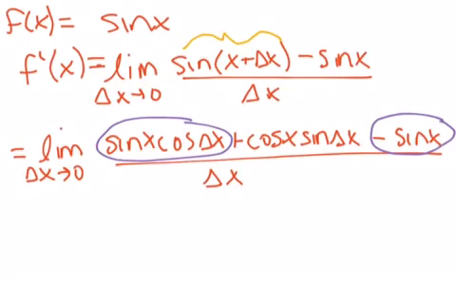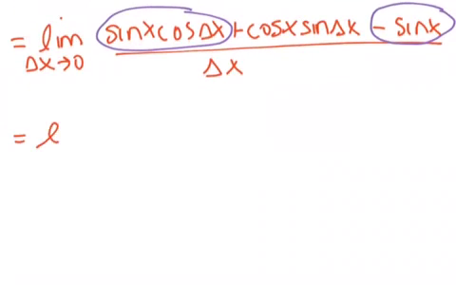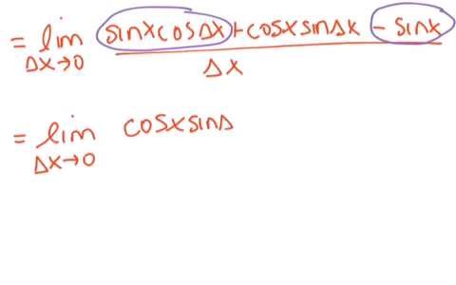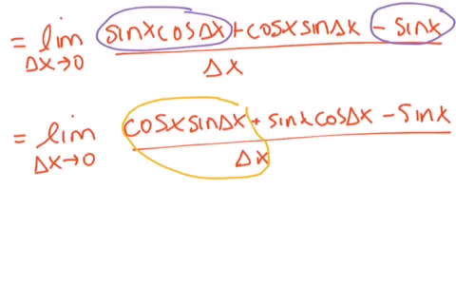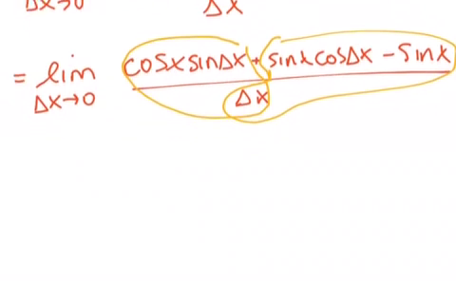So I'm going to kind of reorder the way this is written. I'm going to make this cosine of x sine of delta x plus sine x cosine delta x minus sine of x. And I'm going to think of this as two separate entities. Because I have this plus sign going on in here, I'm going to picture doing the limit of this piece and then adding to that the limit of this stuff together.